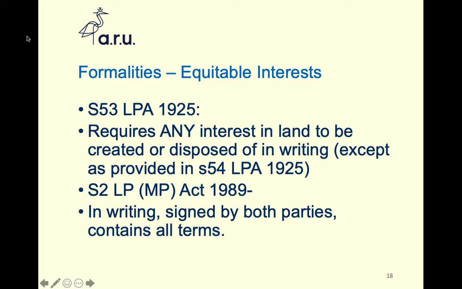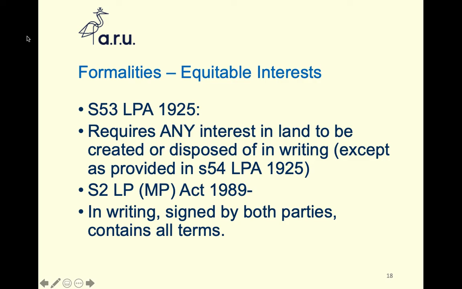But where the formality exists, where we're looking for that contract under Section 2 of the Law of Property (Miscellaneous Provisions) Act 1989, we're wanting a document in writing signed by both parties and containing the terms of that agreement. So as property lawyers, we are always looking for a piece of paper.